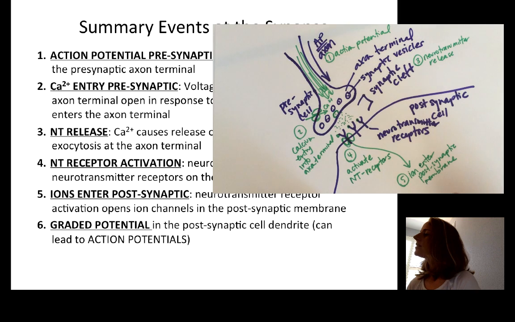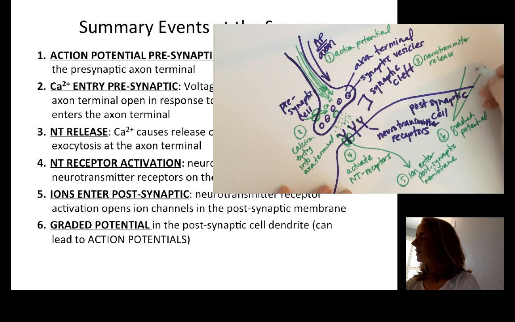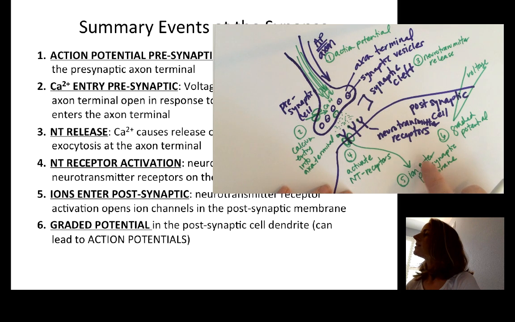Then the final step is that this ion change causes a graded potential. So if we had an electrode inside this postsynaptic cell, we would measure a change in voltage as a result of the neurotransmitter activating the receptors and the ions entering this postsynaptic cell.